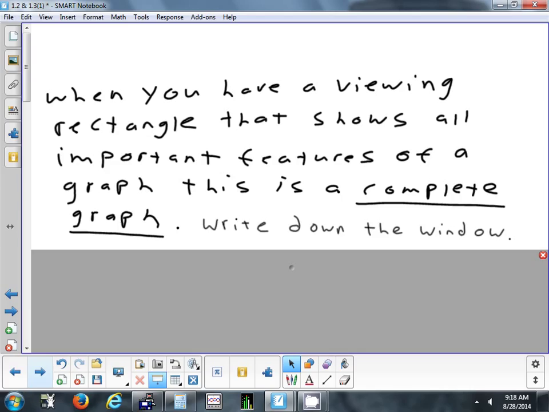If you're graphing a line that's not horizontal or vertical, I would say making sure you can see the x and the y-intercept is important. If you're graphing a parabola, it's important that you can see either the minimum or the maximum. If you graph a parabola and you cut the minimum or maximum off the screen, that's not a complete graph. You're not showing me all the important features of the graph.